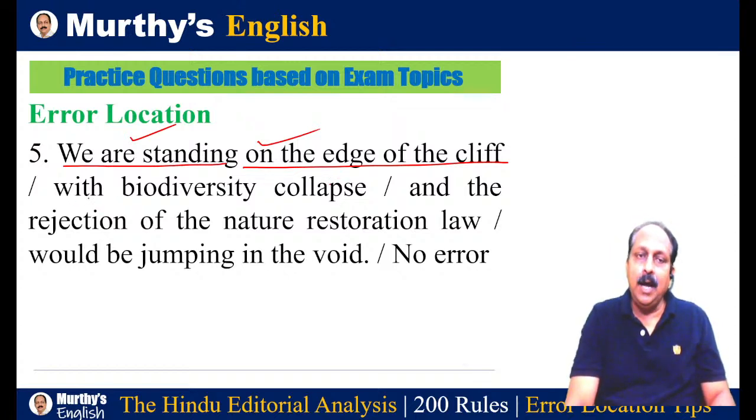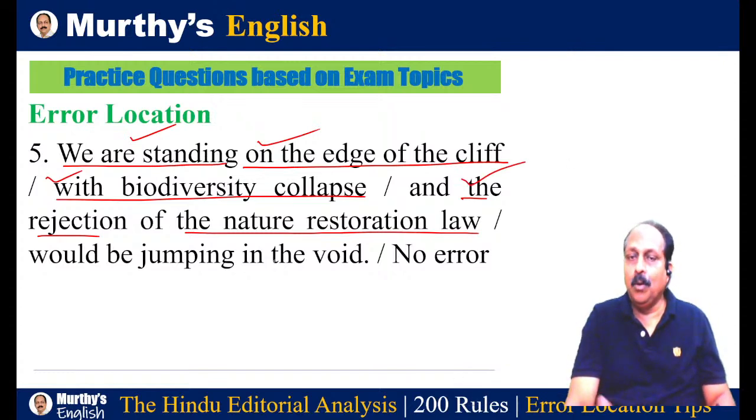With biodiversity collapse. With what? Biodiversity collapse, no problem. And the rejection of, because of that, the rejection of the nature restoration law. The rejection of what? The nature restoration law, no problem. Would be jumping, will be jumping, no, opinion, would be jumping.